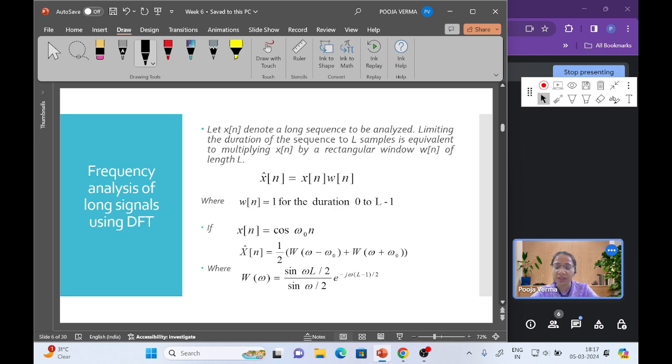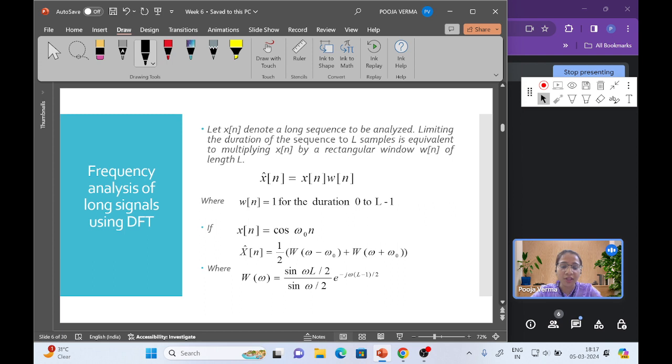Now, the next topic of discussion is frequency domain analysis of a long signal using the discrete Fourier transform. Let x(n) denote a long sequence. It is used mainly in speech processing, because there we get very long signals, in order to find the DFT or do any operation on the speech signal.